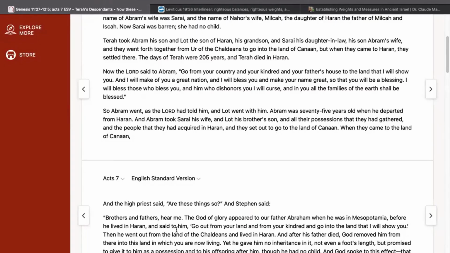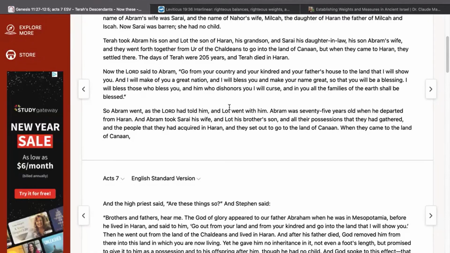So Stephen is saying that God appeared to Abraham, right? God appeared to Abraham. But within the text, the text in Genesis does not tell us that God appeared to Abraham at this time, or when or where he is, right?